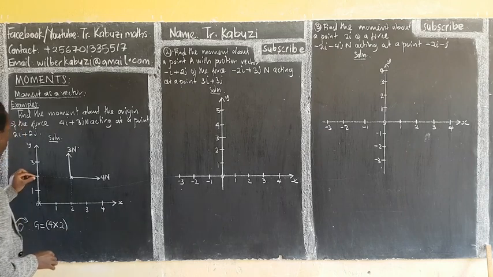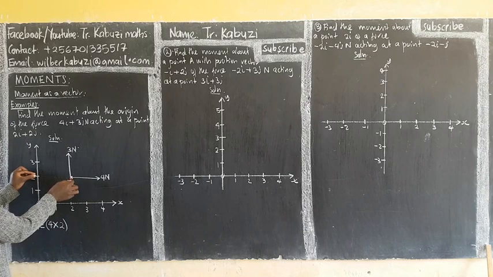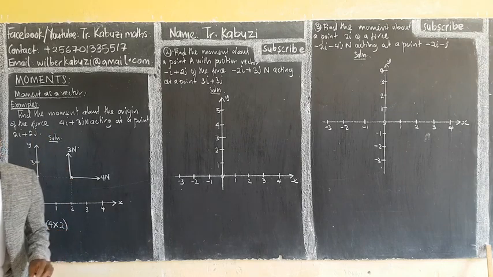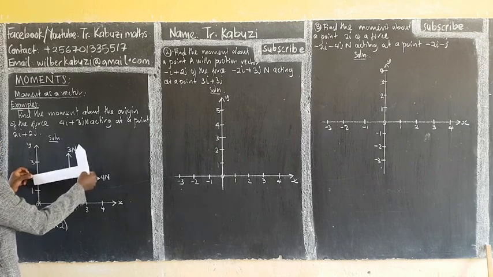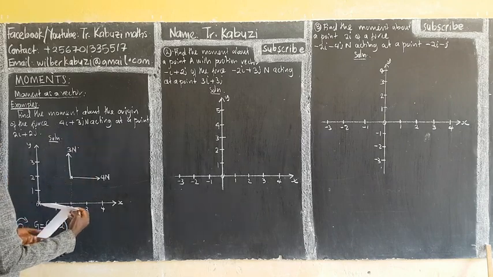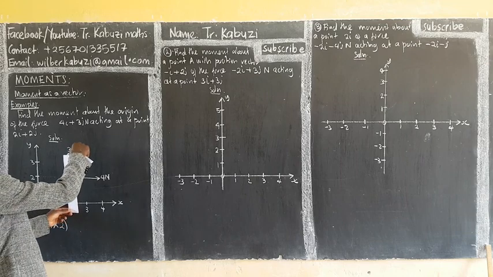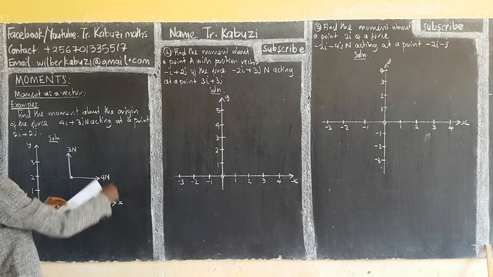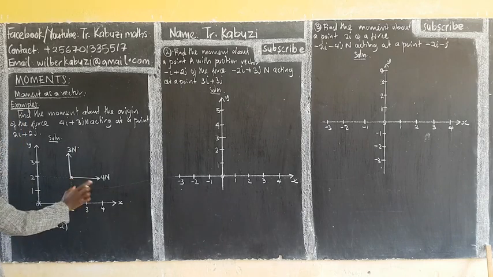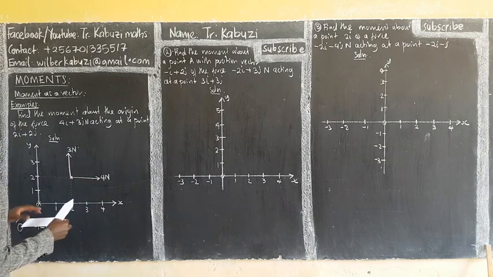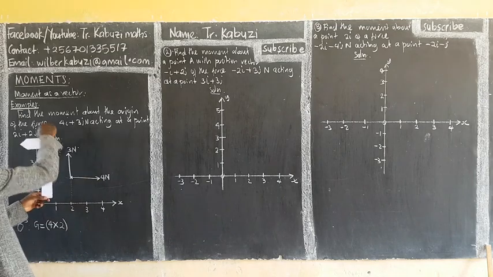Now, when I come to the perpendicular distance of this one, it is going to act anti-clockwise. I think you can see. When I take this force here, it's going to act anti-clockwise like this. But when I'm here, the perpendicular distance is the perpendicular distance, and the force is here, so it is going to be acting clockwise. That's why I get this 2, the perpendicular distance, times this force. Then here, its perpendicular distance is here, meaning it's going to act in that direction.